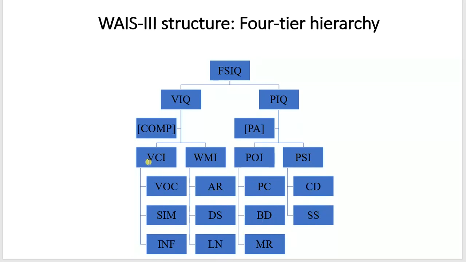Then above this are the verbal comprehension index, working memory index, perceptual organization index, and processing speed index, and these are required in computation of verbal IQ and performance IQ. The third level of the hierarchy is verbal IQ and performance IQ, and the fourth level is full scale IQ. So this was the four-tier hierarchy in WAIS 3 because it was not based on the three-stratum or CHC theory.